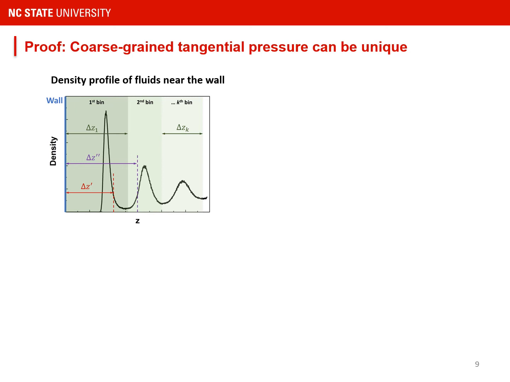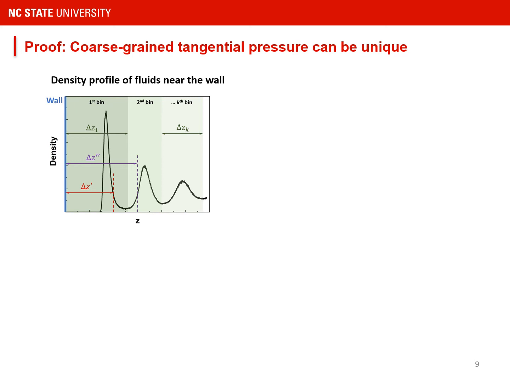Let's look at the first bin width in the density profile, which corresponds to the first adsorbed layer near the wall. Now we can take two trial bin widths for the first bin. The first trial is delta z prime, and the upper boundary of the first trial is close to the first density peak.